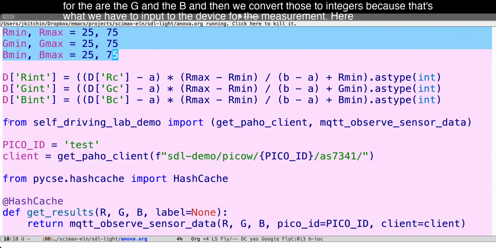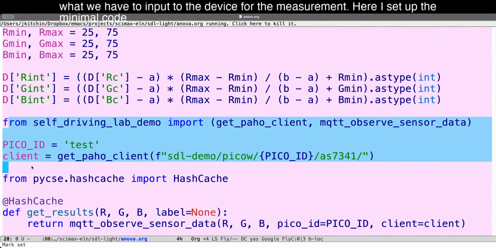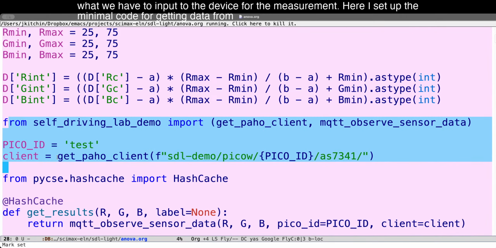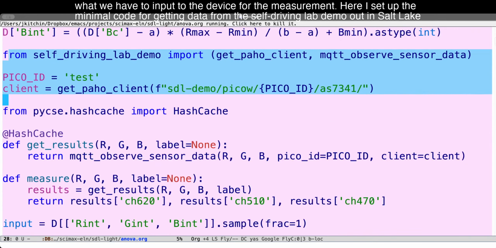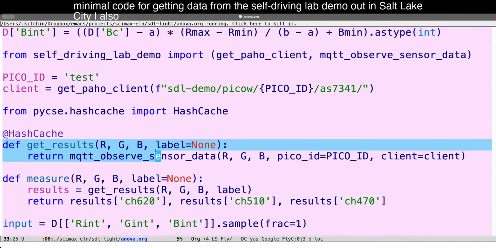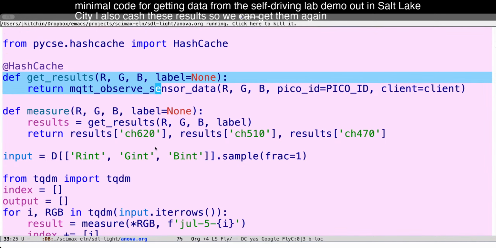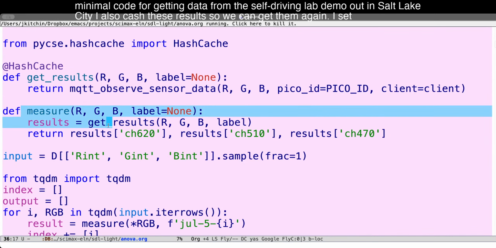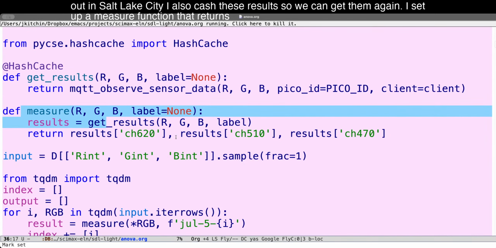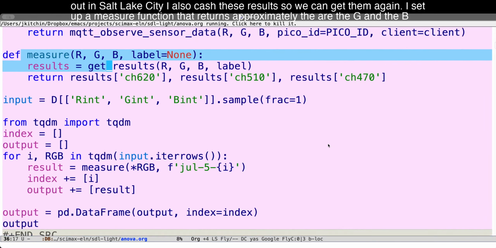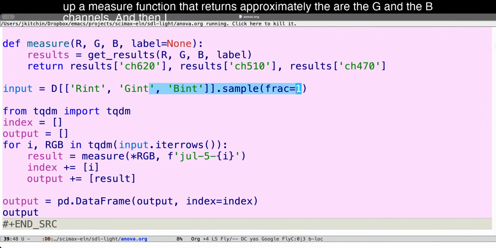Here I set up the minimal code for getting data from the self-driving lab demo out in Salt Lake City. I also cache these results so we can get them again. I set up a measure function that returns approximately the R, the G, and the B channels, and then I randomize them here.